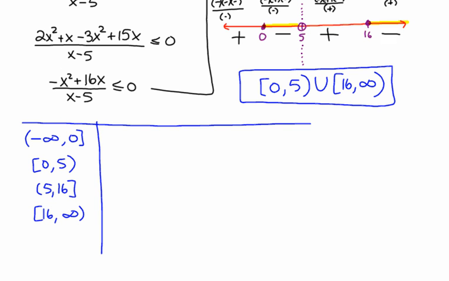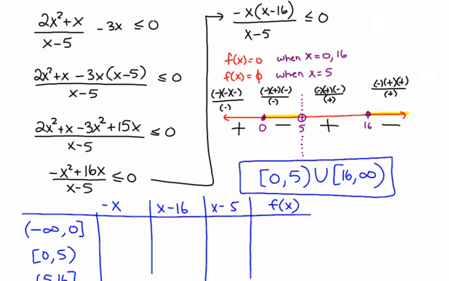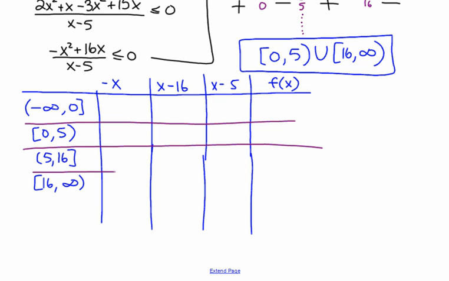Those would be my intervals, and then I would put in each factor: negative, x minus 16, x minus 5, and then our function, the product of all of those. So you could have done the same thing to get our solution, and then you would have still subbed it in.